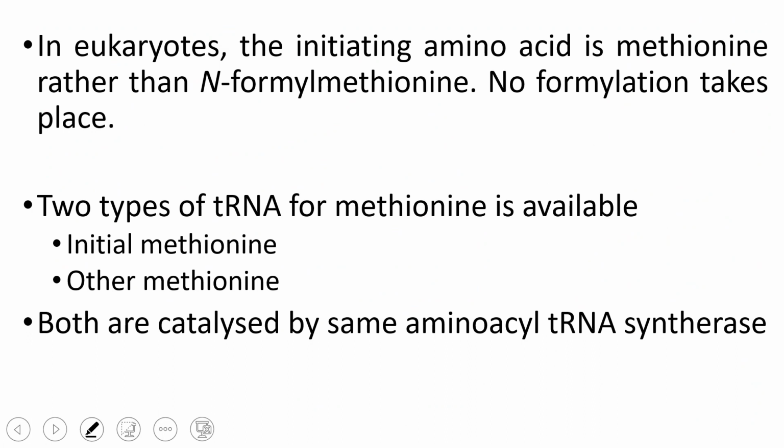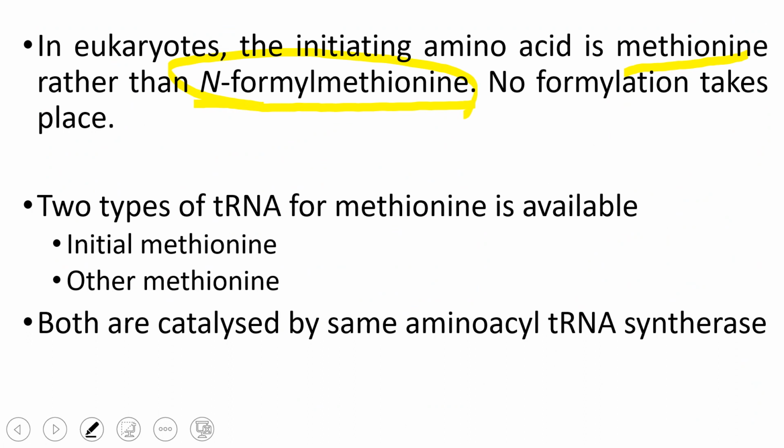Now, there are two things we need to remember. In eukaryotic cells, the initiating amino acid is methionine, as it is in prokaryotic cells. But the difference is that in prokaryotic cells we had formylation, while in eukaryotic cells we don't have formylation. So no N-formyl methionine is the first amino acid of eukaryotes; rather, simple methionine is the first amino acid.